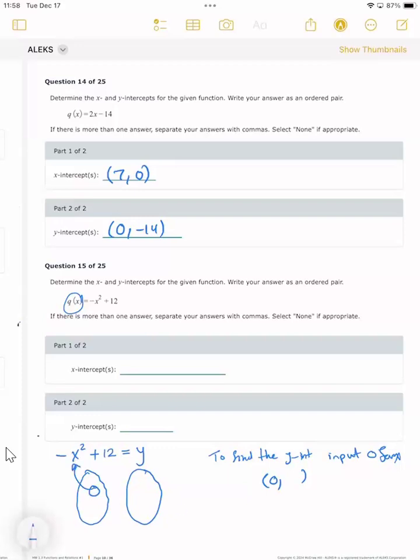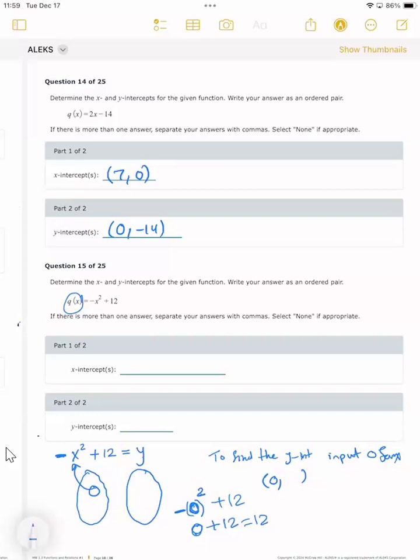What do I get? I have a negative. I change x to 0. And then I put a 2 here. You could put this inside the parentheses. 0 to the power 2 means 0 times 0 is 0. Negative 0 is the same as 0. 0 plus or minus any number is the number.